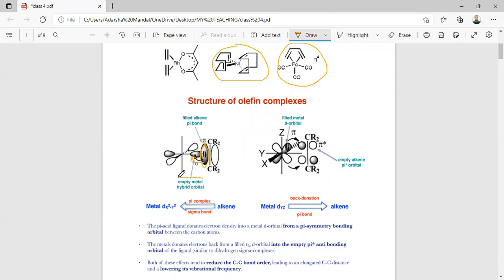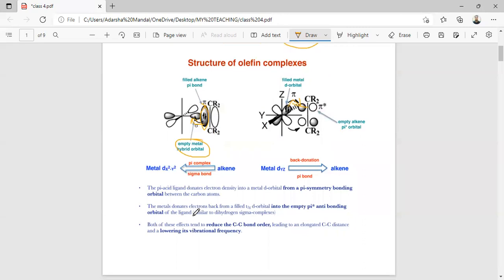So the empty metal hybrid orbital accepts this donation. In this other example, the electron from a filled d orbital is donated to the empty pi star orbital of the alkene, so metal filled orbital to alkene back donation occurs.